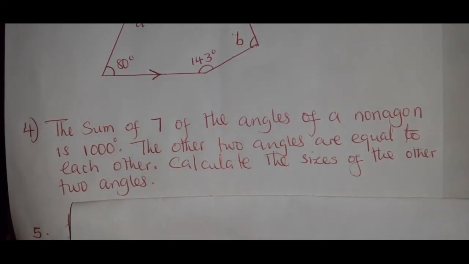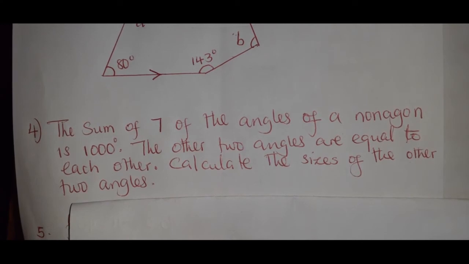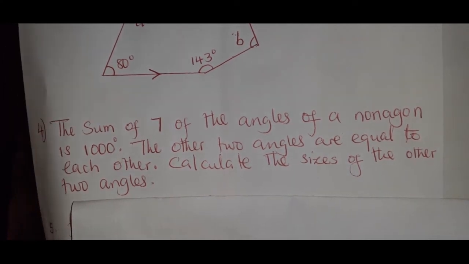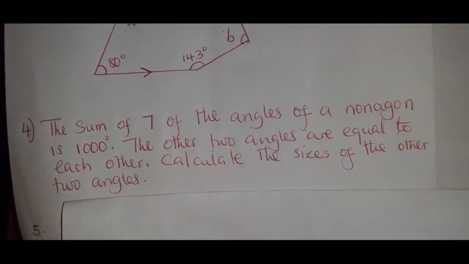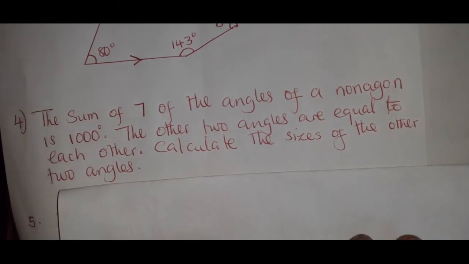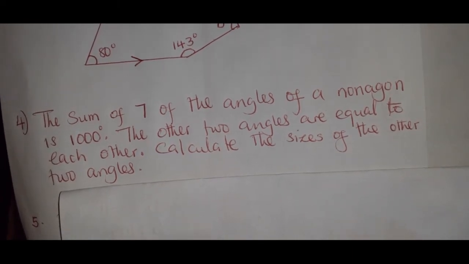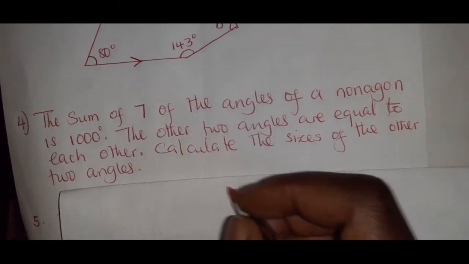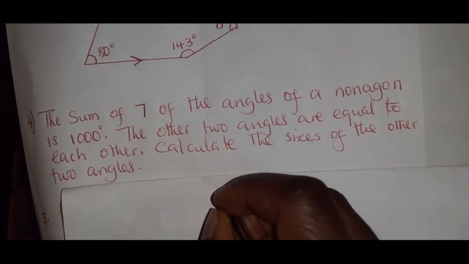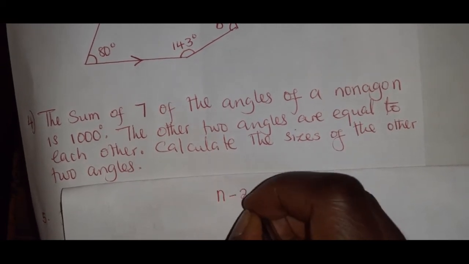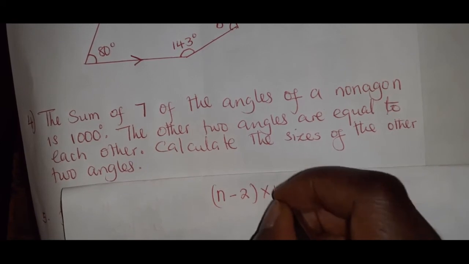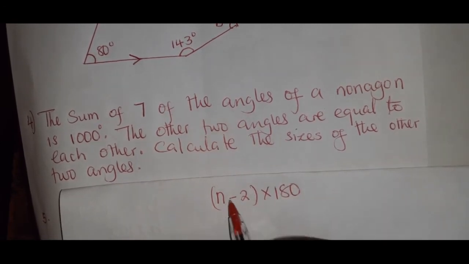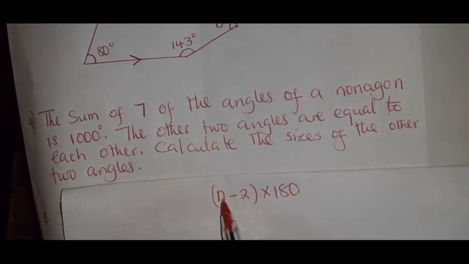The first thing that we are supposed to do here is to find the sum of the interior angles of a nonagon, which is n minus 2 multiplied by 180. What is our n? Our n is 9.